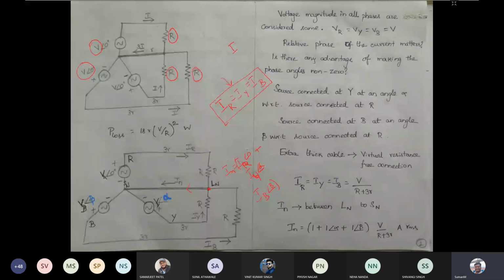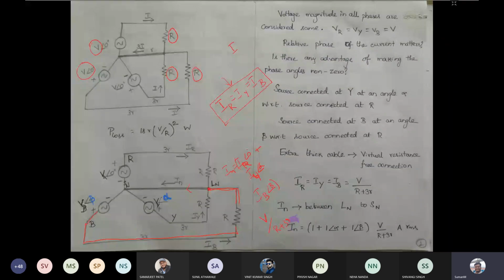So now the current flowing through the individual phases can be given by the following. If you take any particular phase, the current flowing through this path can be given by V divided by R plus 3R.